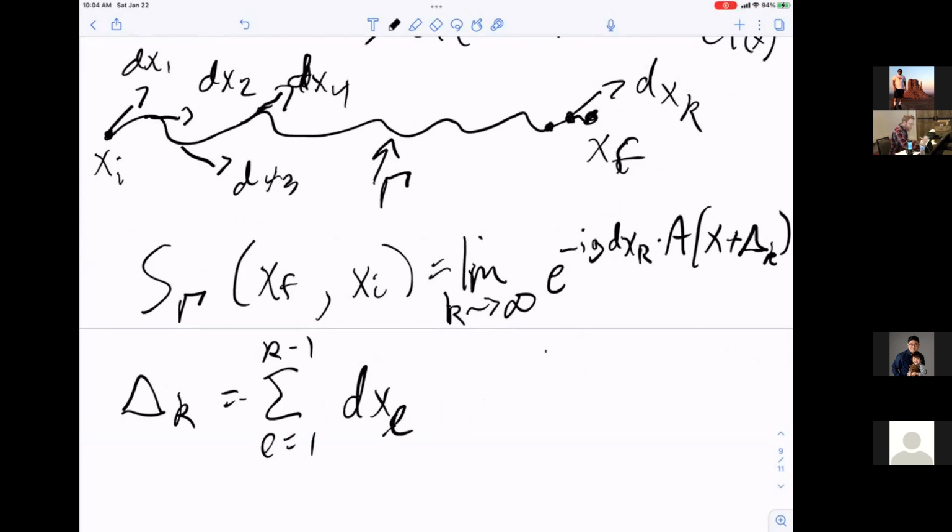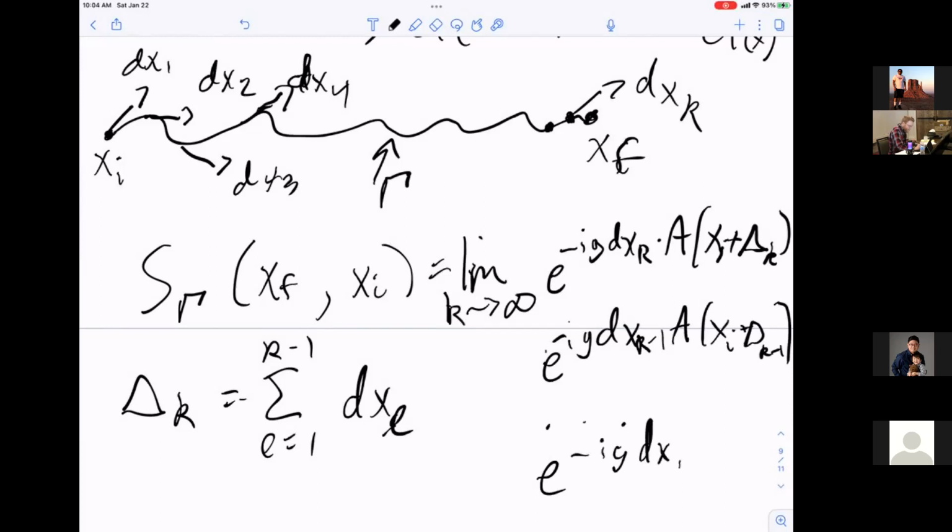Then I need my next term, which is happening at this point: e to the minus i g dx k minus 1 dotted into A of xi plus delta k minus 1, and so on, up to e to the minus i g dx 1 dotted into A of x1, or xi.